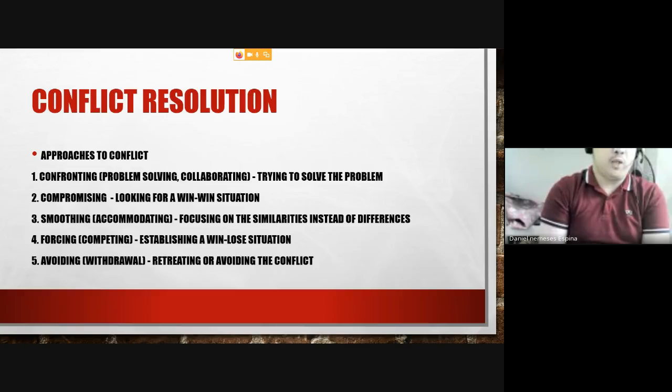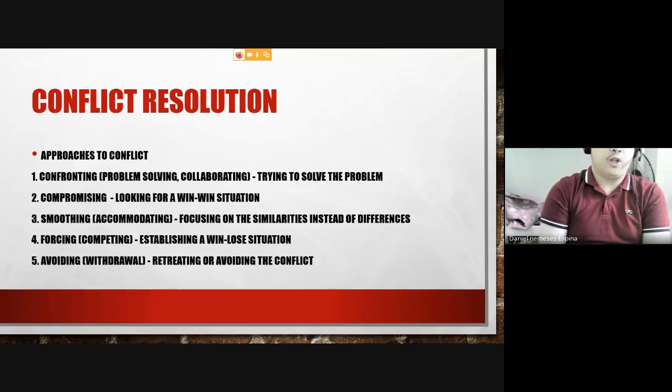Compromising is looking for a win-win situation. It's actually the strategy being used by the government in dealing with a lot of situations, mga situation sa gera.